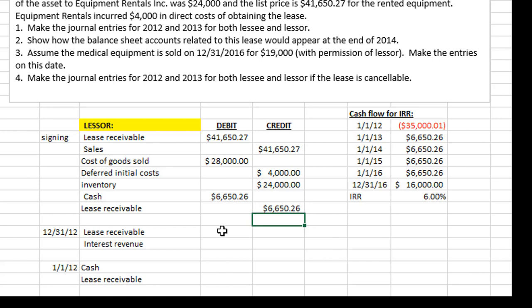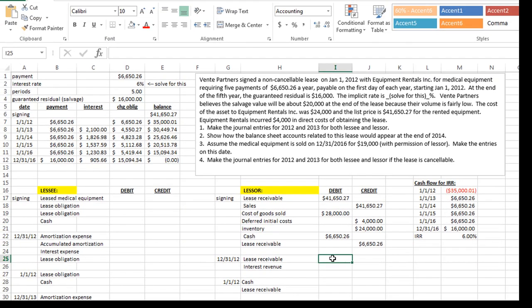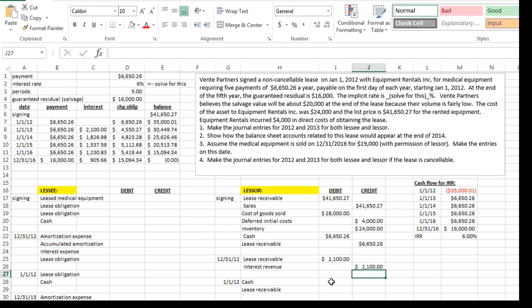All right, so now that's January 1st of 2012. At the end of that year, the payment is not due yet, but you've got to accrue in the interest revenue because it's been earned during the year. So we're going to accrue in that $2,100 and show it as revenue.